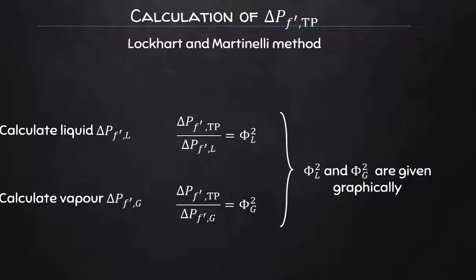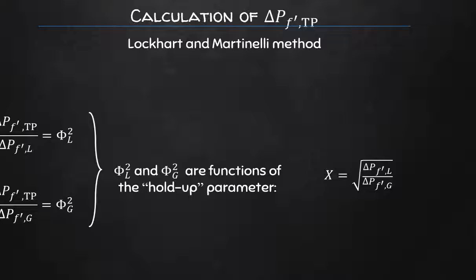And we likewise do this for the gas flow as well. These two values then relate to the following correlation factors, which are represented by sigma squared. The square root of the ratio of the two-phase pressure drop contributions made by the liquid and by the gas together is defined as x.